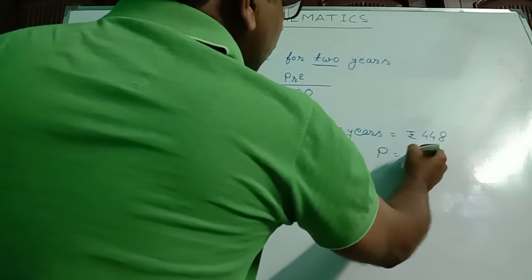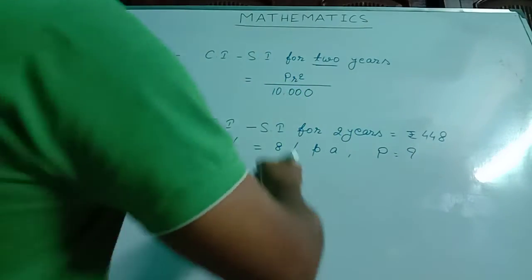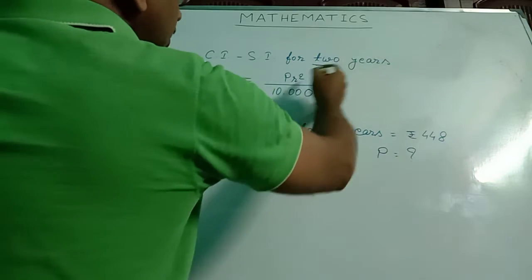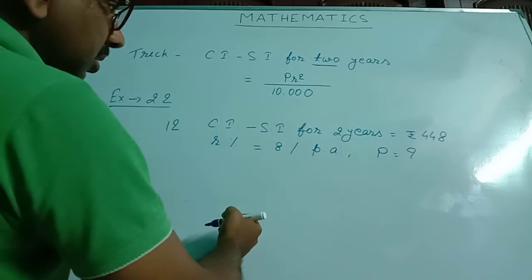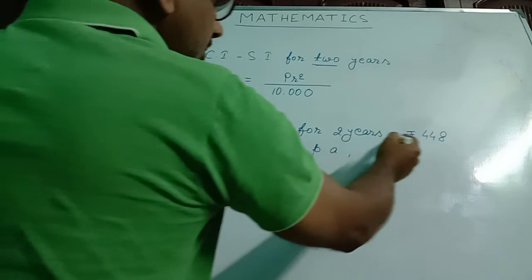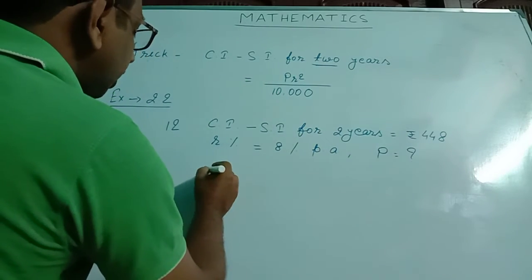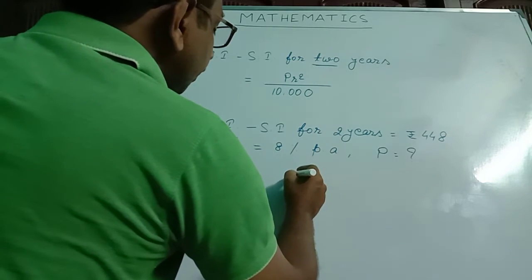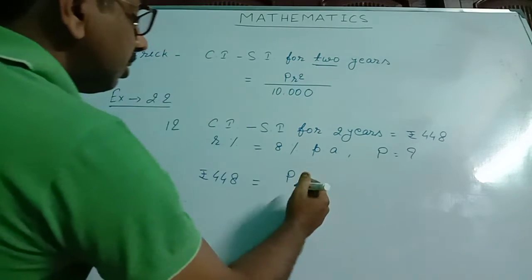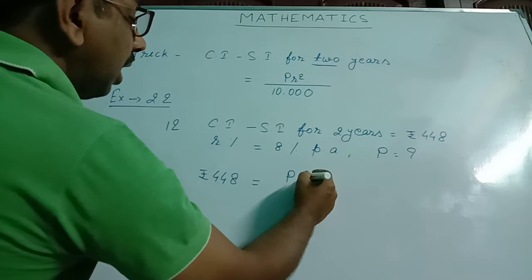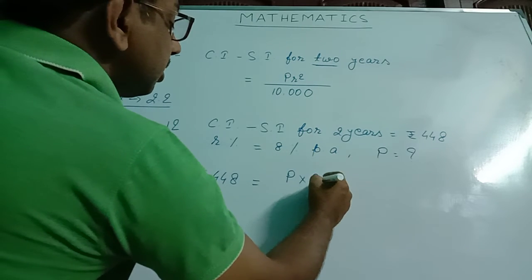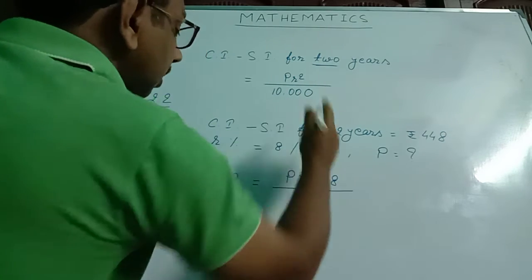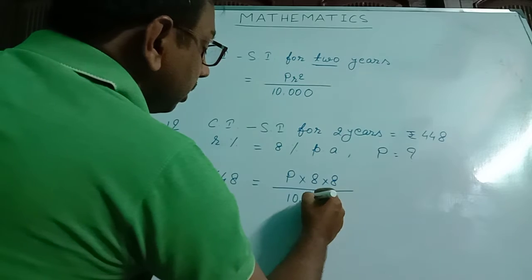P equal to what? We use this formula: CI minus SI for 2 years equal to PR square by 10,000. CI minus SI for 2 years is rupees 448, that is equal to P, which is asked to find out, into R square. R is 8%, square means we multiply 2 times, by 10,000.